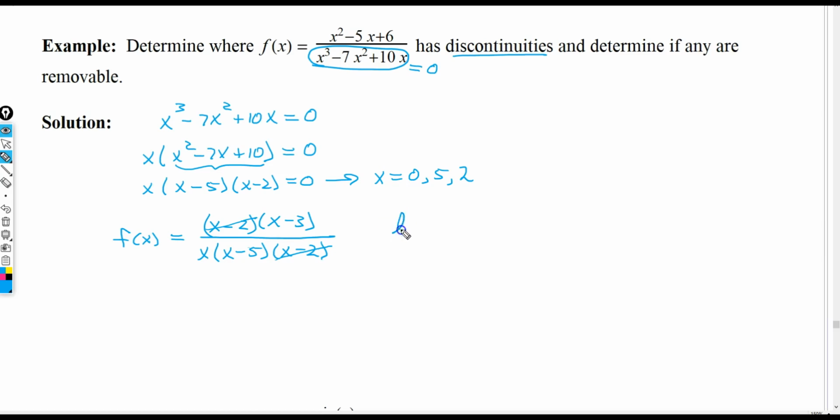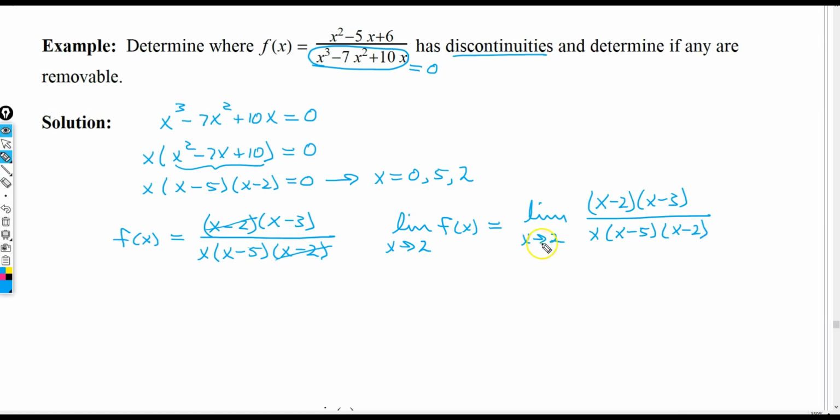So you notice that the limit as x approaches 2, x never actually touches 2, or it never equals 2.